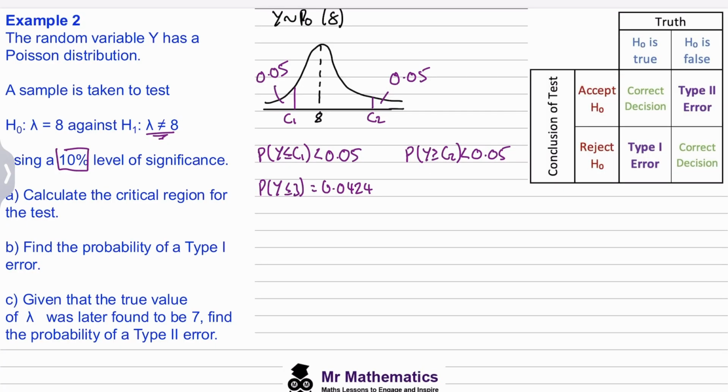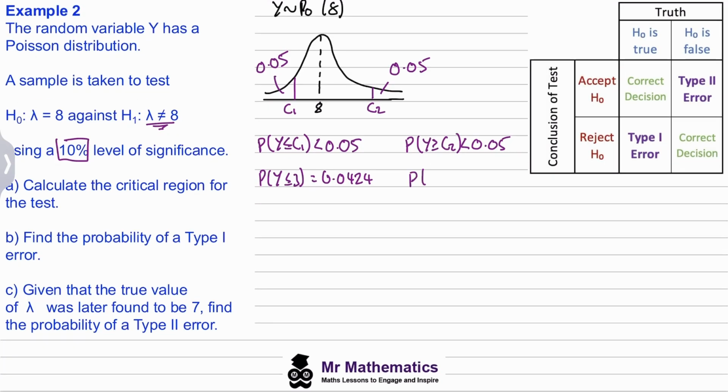If we go back to our notebook, the probability of Y being less than or equal to 12 was 0.9362. So the probability of Y being greater than or equal to 13 will be 1 minus this, which gives us 0.0638.